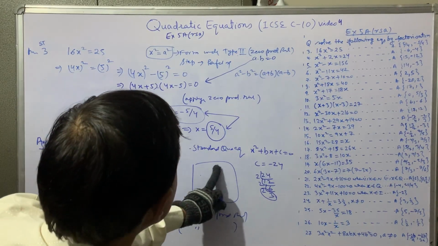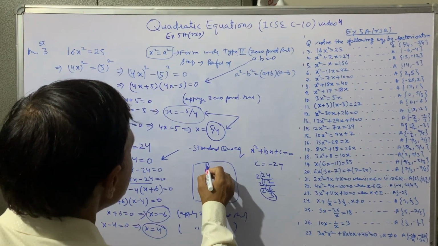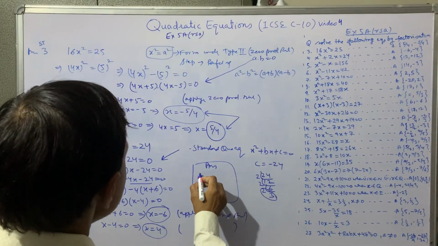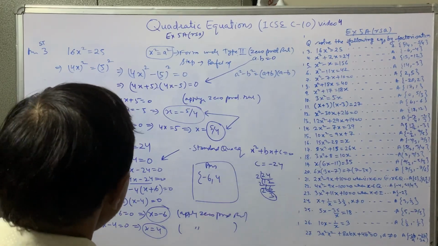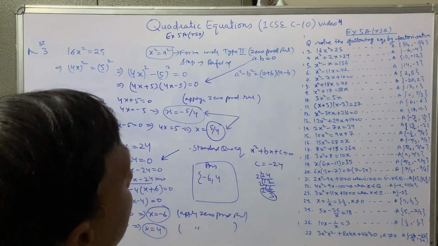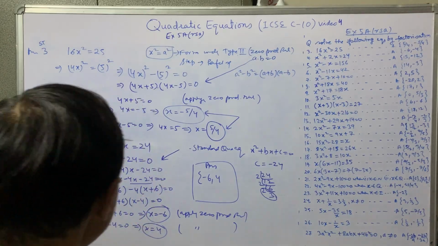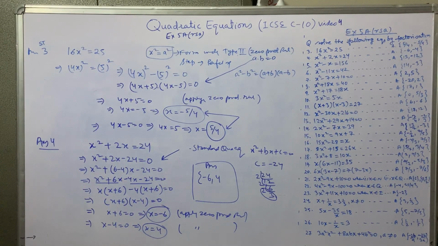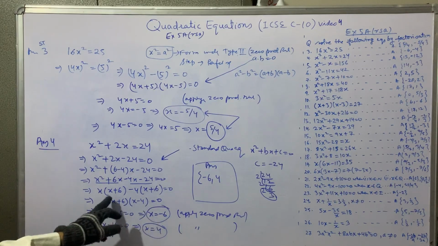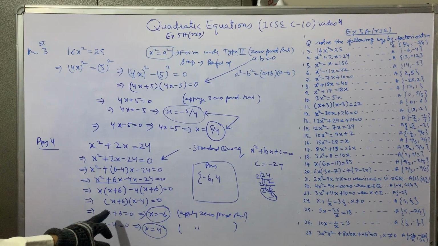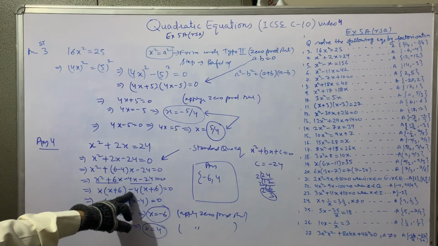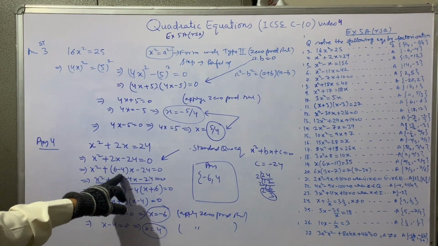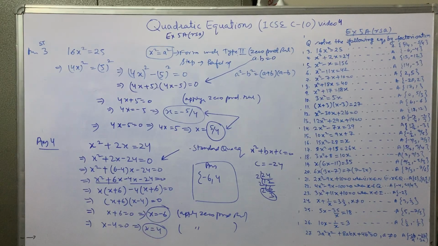So, we can put it in this bracket, the curly bracket. So, the answers are minus 6, 4. There is one error also, it should be minus 4, isn't it? So, how would it be? Minus 6, minus 4x plus 24, x plus 6 you are getting. This second one, x plus 6 is okay, x equal to minus 6. And then x plus 6 into 4 was 24, 6 minus 4 you are getting 2x. So 6x minus 4x and 24, it's okay.